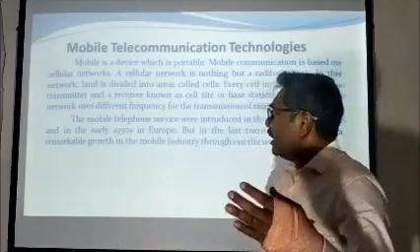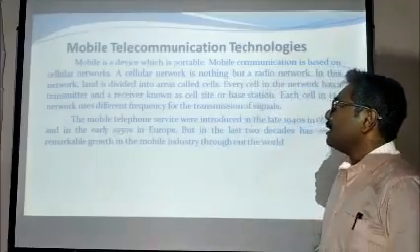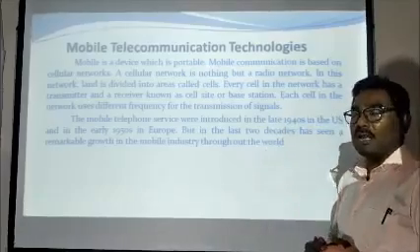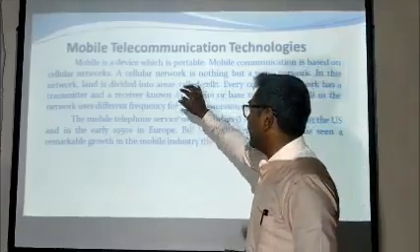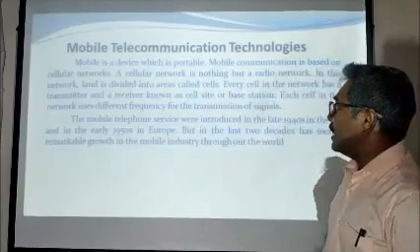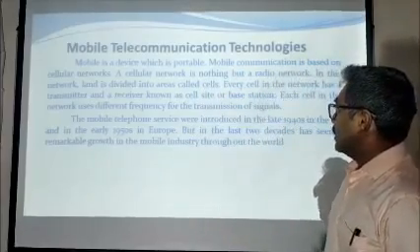In this mobile network they use radio waves within a particular area of land which is called a cell. I have already told you what a cell is and how it works.